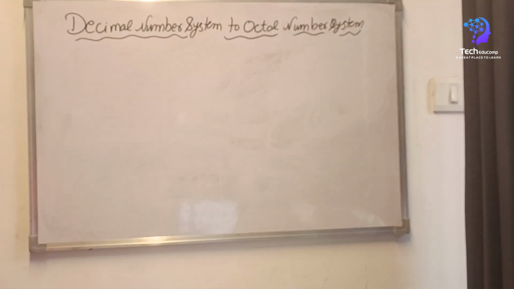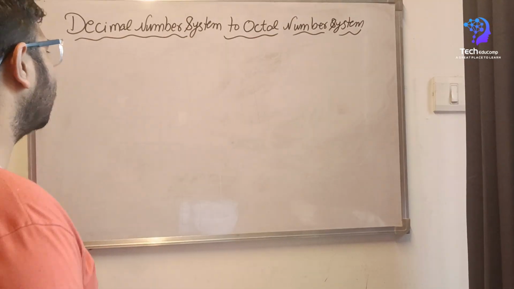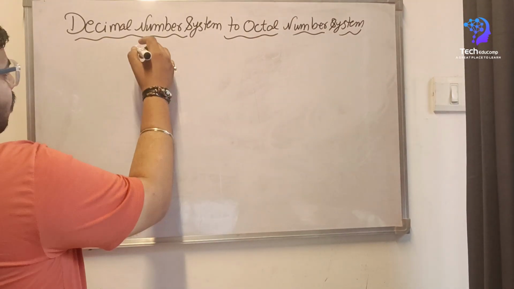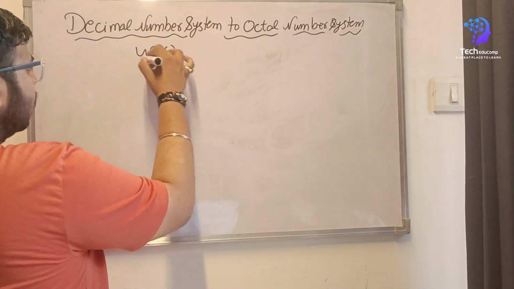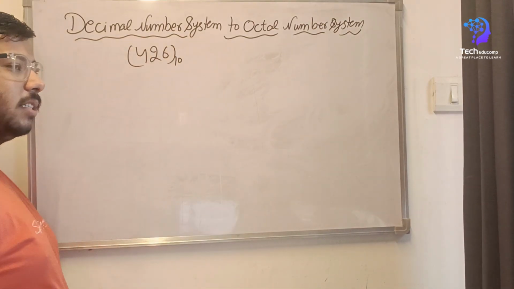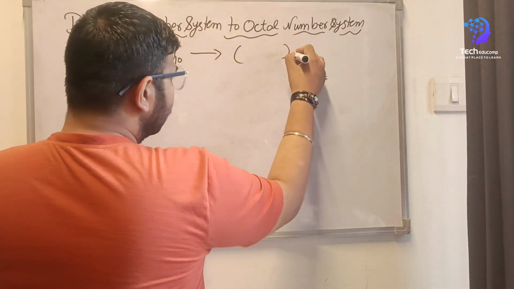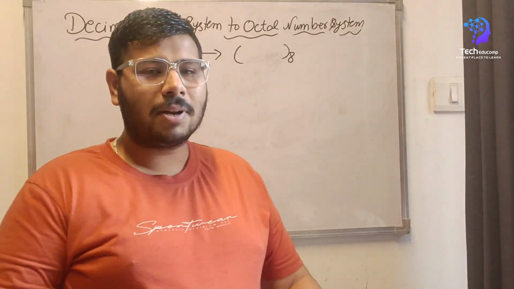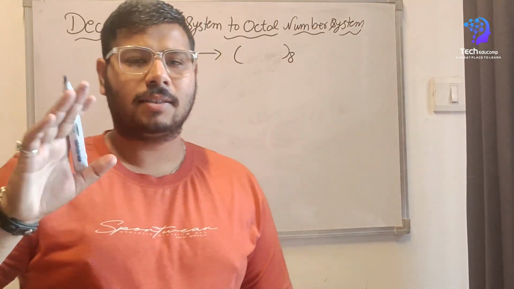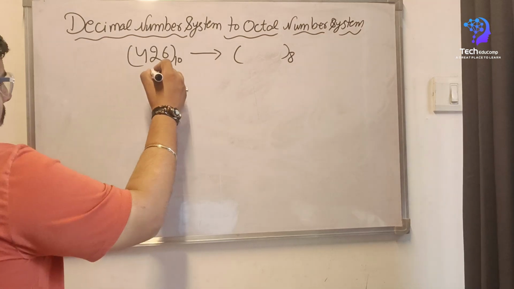Suppose we have a decimal number like 426, base 10, and we have to convert it into the octal number system, which has a base of 8. How can we do it? Similarly, by repeated division.